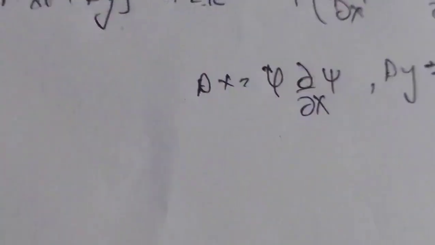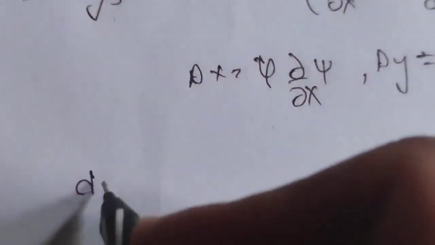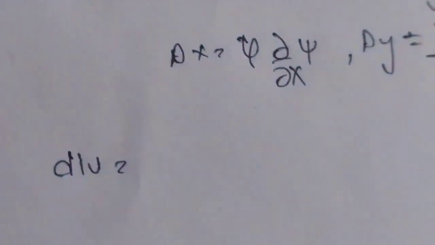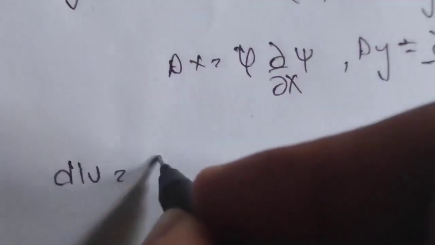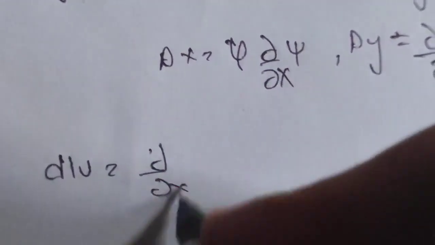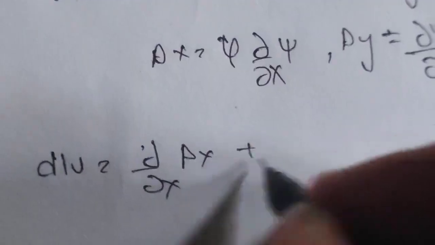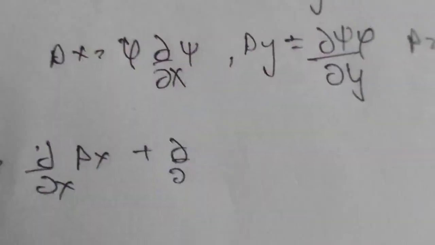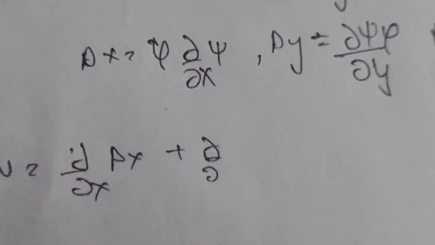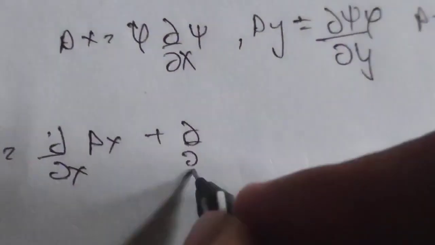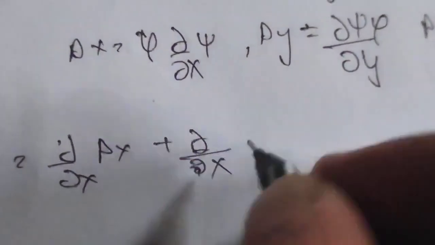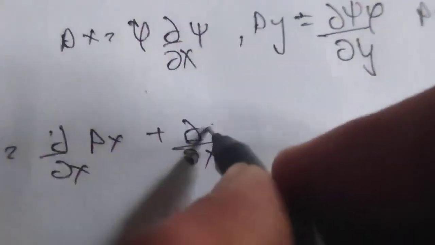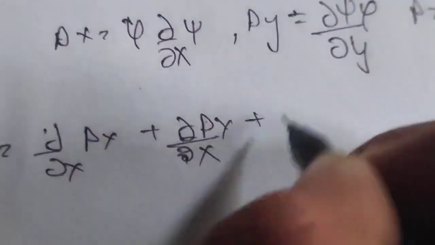We know what the divergence is. We already talked about it: it is del Ax upon del x plus del Ay upon del y plus del Az upon del z, the whole partial differentiation in all three dimensions at the same time, as we covered in previous classes.